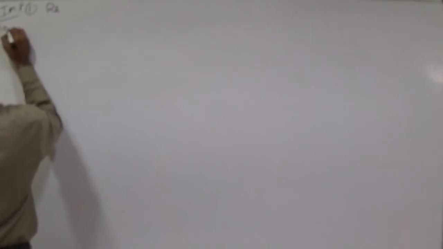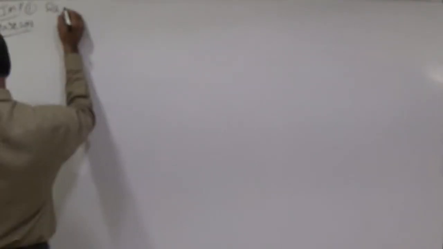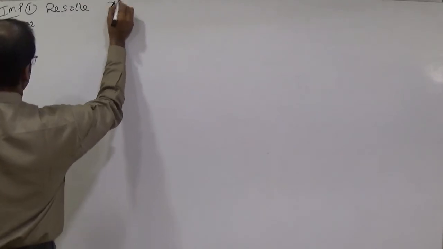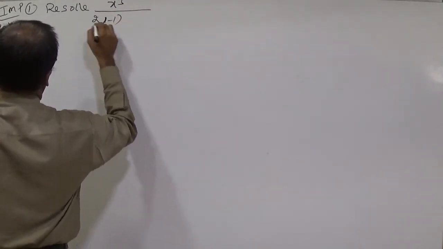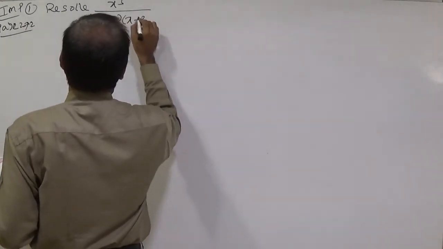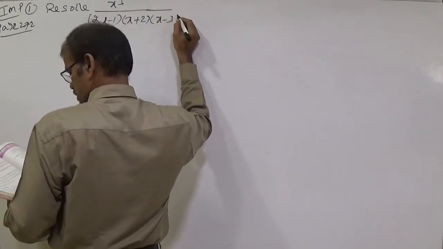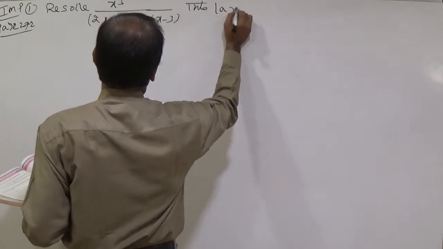Page 272, Example 1. Resolve x cube by 2x minus 1 into x plus 2 into x minus 3 into partial fractions.